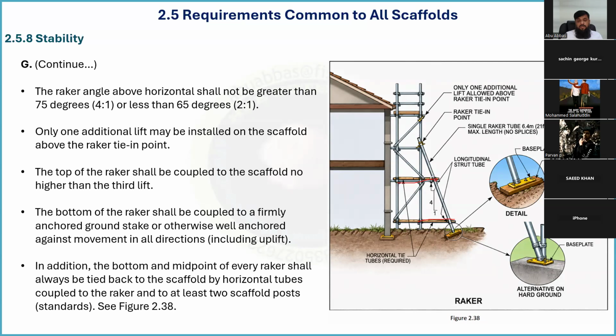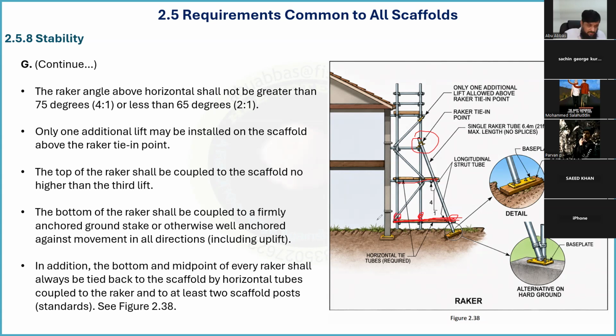So let me clarify it here. The top raker is itself going to be attached. For the bottom, we will put a horizontal tube. Make sure you understand what I am going to tell you now. A horizontal tube from the raker will go back and will be attached to two standards.